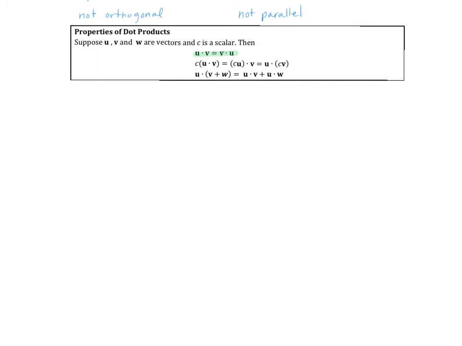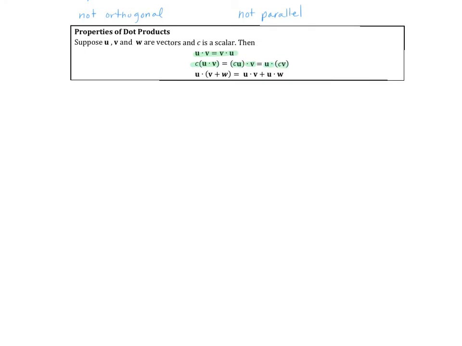If you take the dot product of two vectors and you multiply it by some scalar c, instead of distributing the c to all the components, you can just distribute c to one vector and then dot. Or you could distribute it to the other vector and then dot.